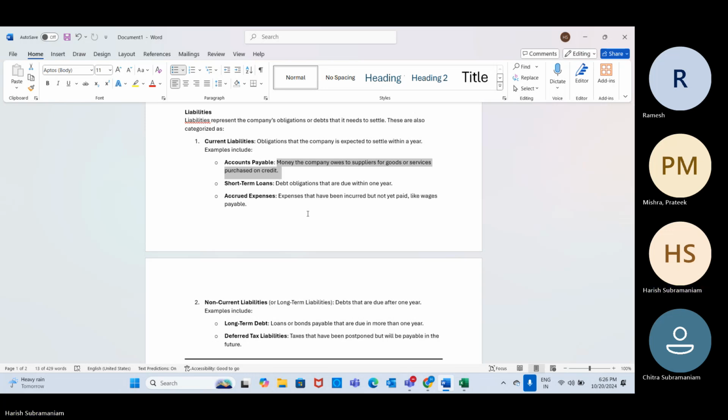We may purchase that equipment, but we may pay over the next few months or cycles, etc. If we were to buy, let's say, a mobile phone, we find options on Flipkart, Amazon, etc. that say pay via EMI, and then every month we can pay an EMI of a certain amount. In that case, that becomes the account payable.